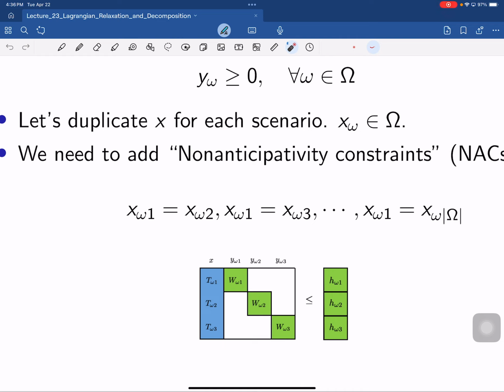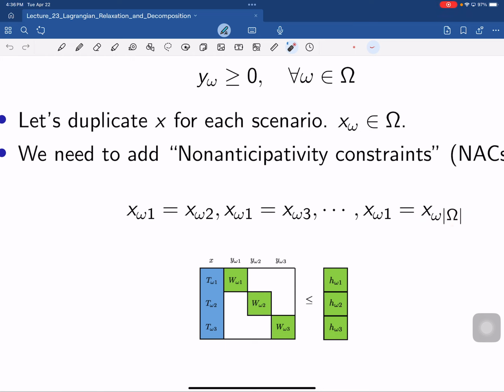So therefore, you can add this constraint. Suppose x omega 1 represents the copy you make for scenario 1, x omega 2 is the copy of x you made for scenario 2, and so forth. The x with capital omega means the copy you made for your last scenario.